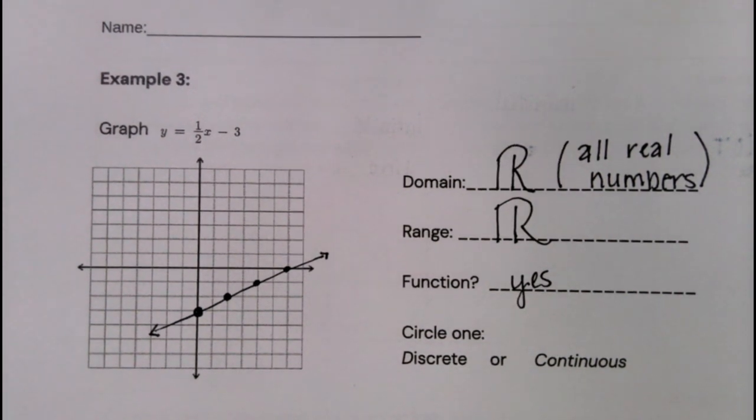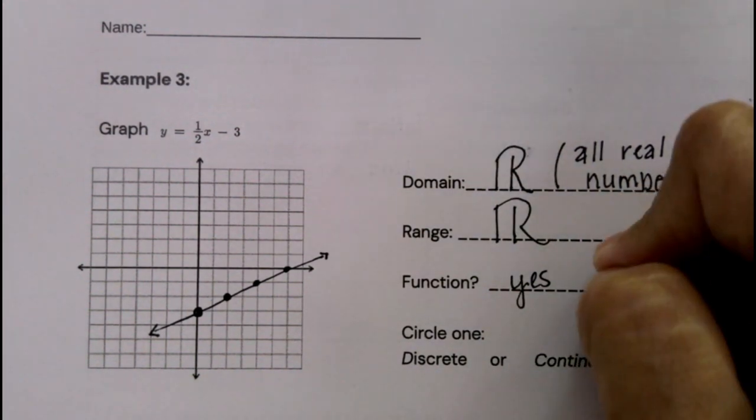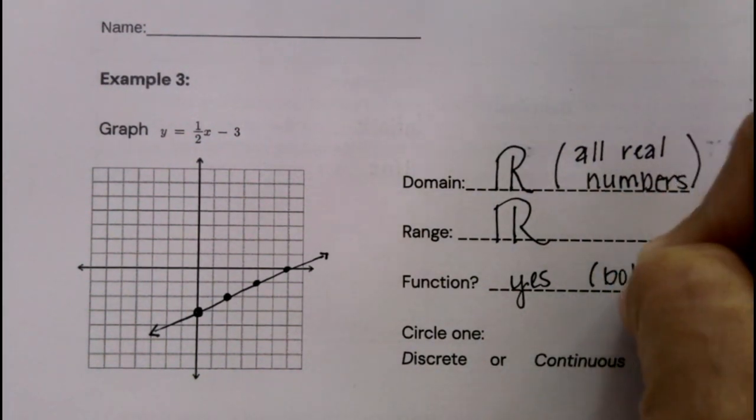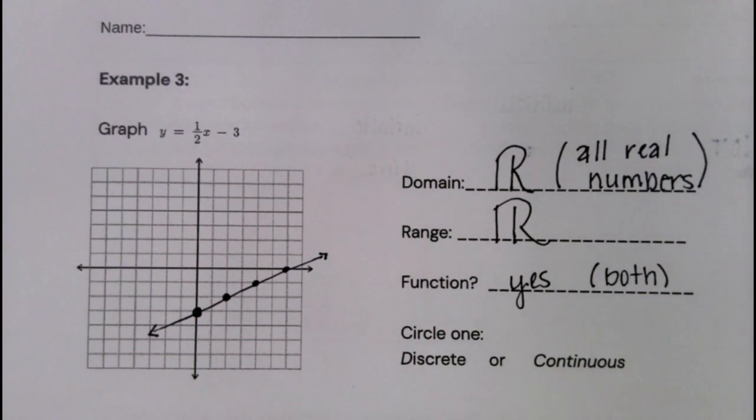So what would this be? 1-to-1, onto, or both? It would be both. No ranges are repeated, no domains are repeated, and there's nothing left out. I don't have like some random y value without an x value. That would be weird. So this is a function, and all lines are also both.